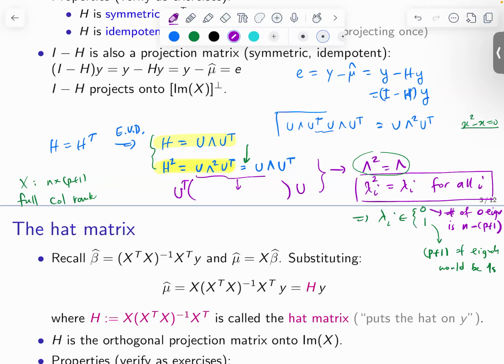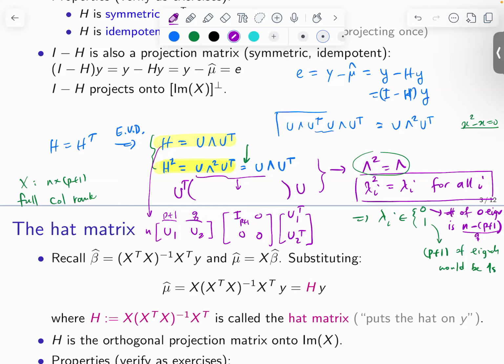And if we go a step further, I can partition U into columns, like p plus 1 columns here. Let's call the rest Q, n minus (p plus 1) columns. So p plus 1 columns and then Q columns here. And then the lambda in between would be the identity of size p plus 1 here, and 0, 0, 0. Then you get U1 transpose here, U2 transpose here. And then you multiply out. This is a block partitioning of U according to which eigenvalues are 1 and which ones are 0.